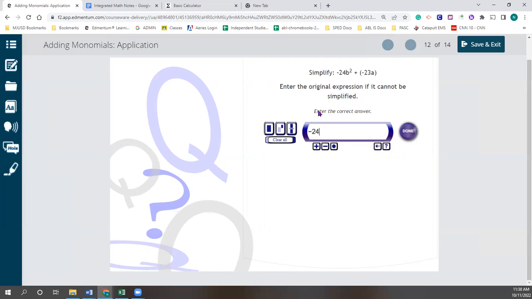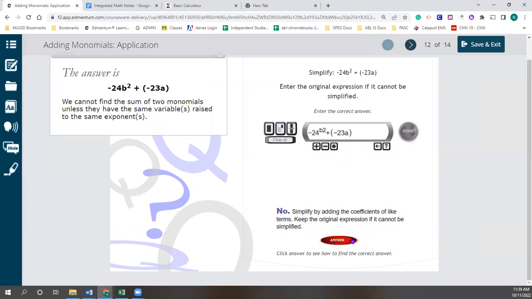Minus 24b squared plus parentheses minus 23a. Forgot the b right here. Okay, the answer is minus 24b squared plus minus 23a.